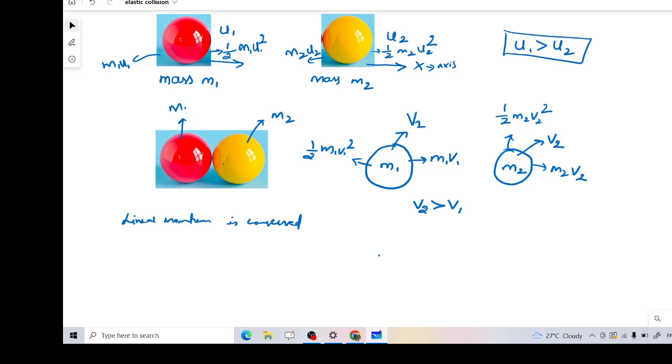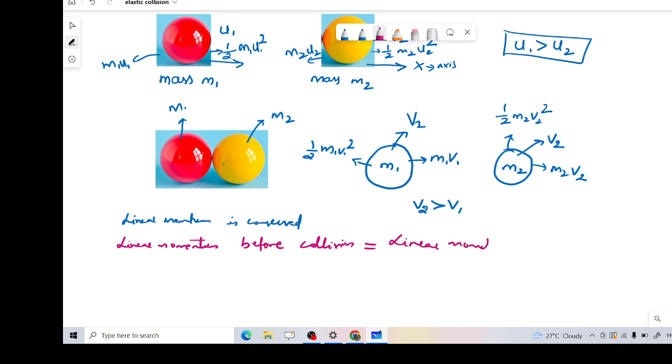We know that linear momentum is conserved here, so linear momentum before collision is equal to linear momentum after collision.